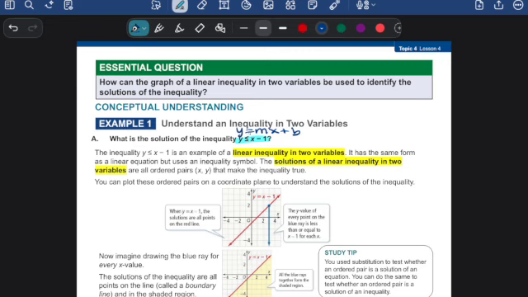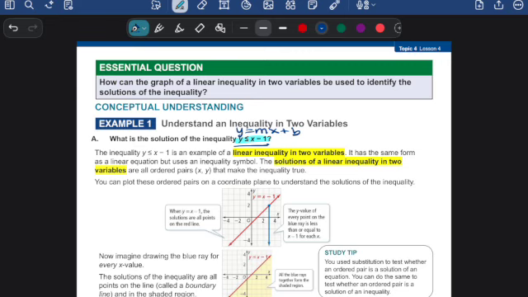Instead of an equality sign, we have an inequality sign. But we're going to treat it like a linear equation. The solutions then would be all of the values for x and y that would make this inequality true. So all of the possible points, x comma y, that would still make this linear inequality true.